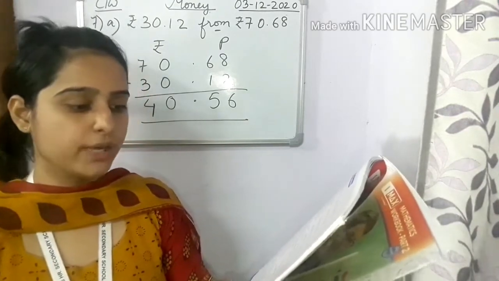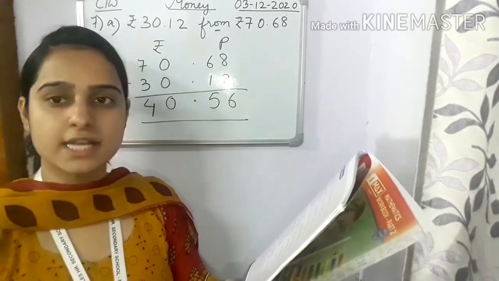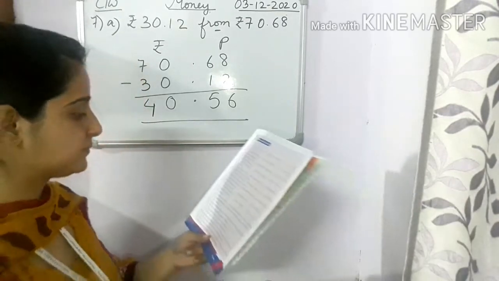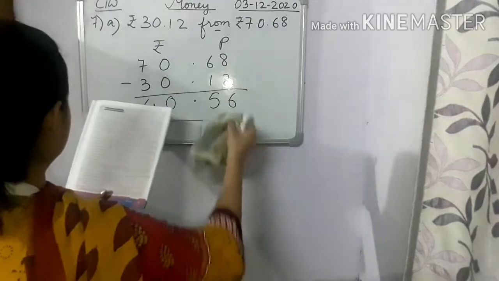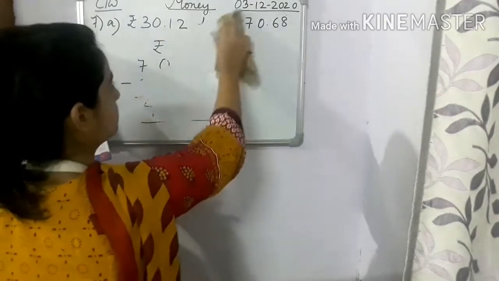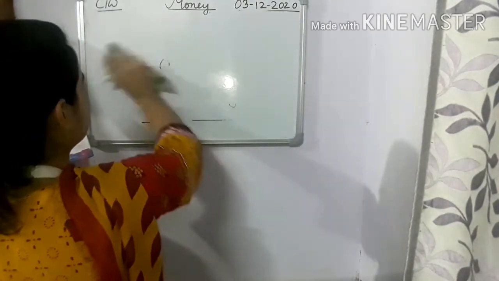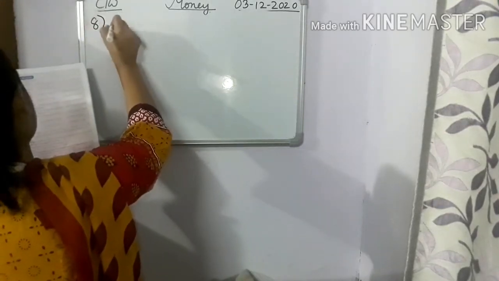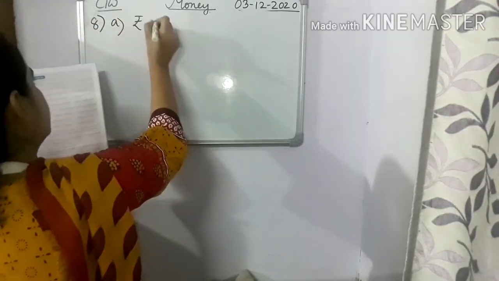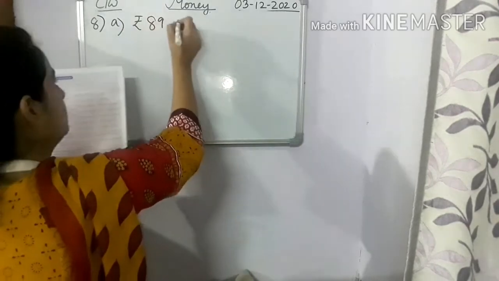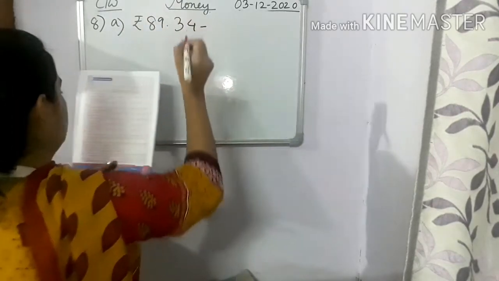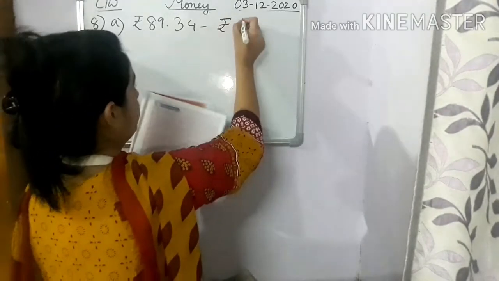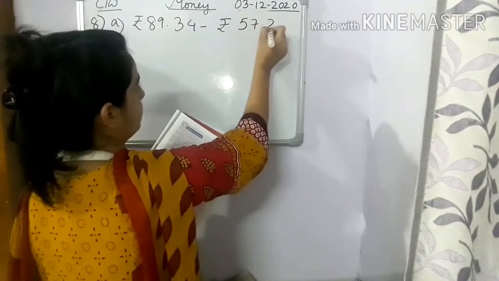Okay. Let's do question number 8 now. Solve the following. It is also subtraction, children, simple subtraction. Rupees 89.34 minus rupees 57.21.